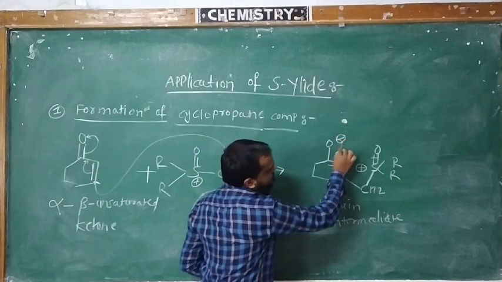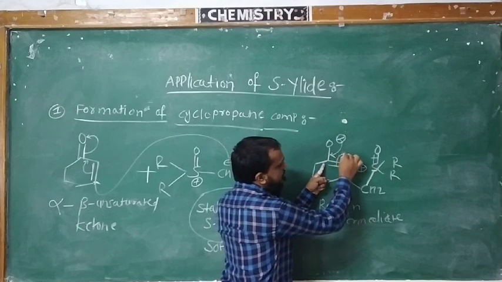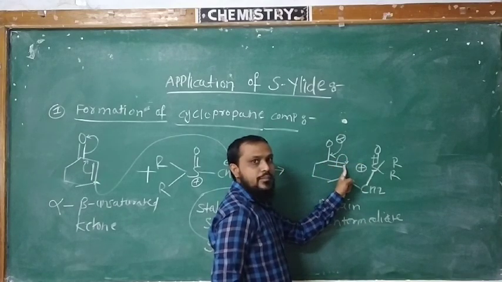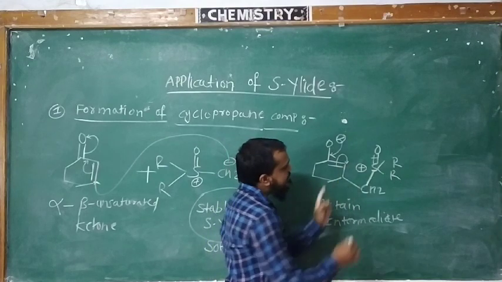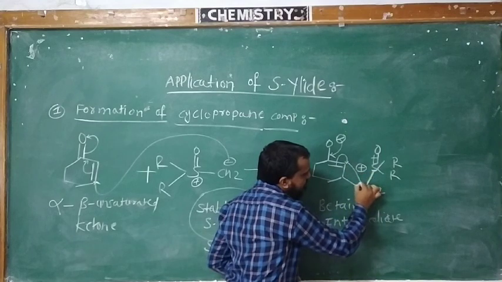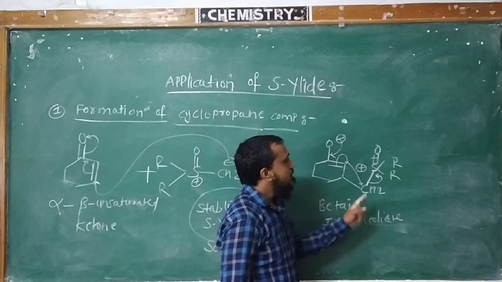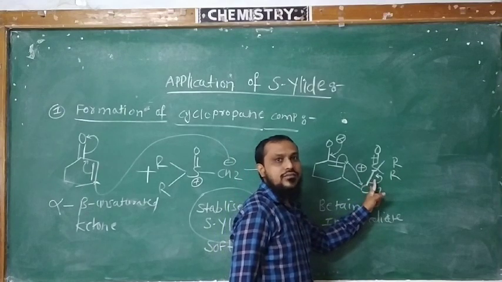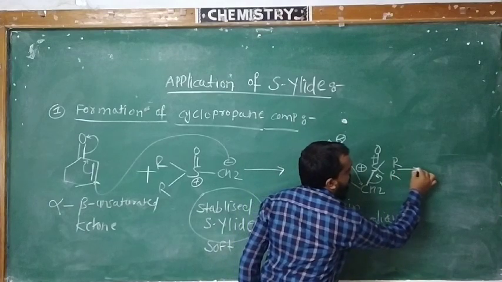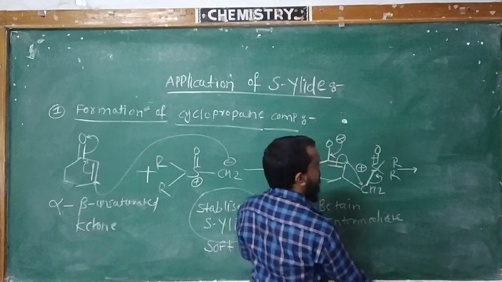This negative charge shifts between oxygen and carbon, simultaneously this bond shifts towards this carbon atom, and this carbon atom becomes negatively charged, and this negatively charged carbon attacks this carbon atom, simultaneously dimethyl sulfur oxide will be removed, and we will get our final product, the cyclopropane product, like that.